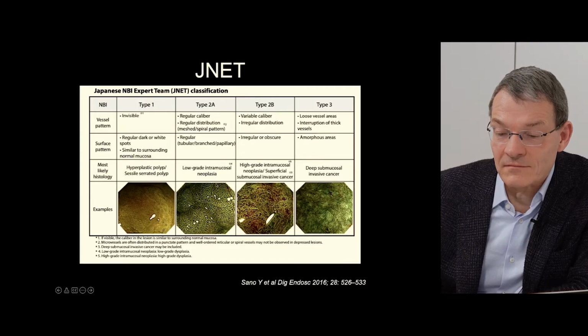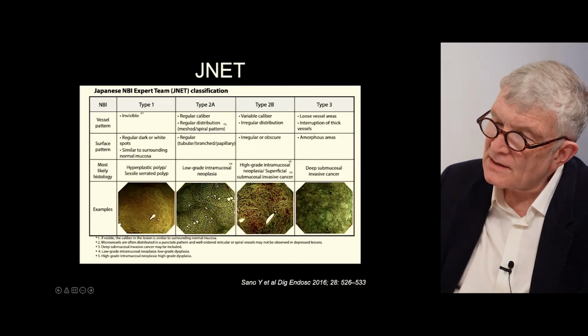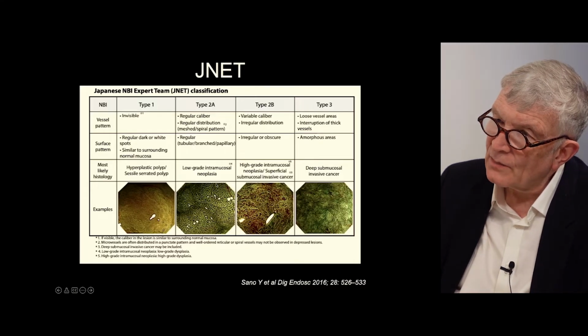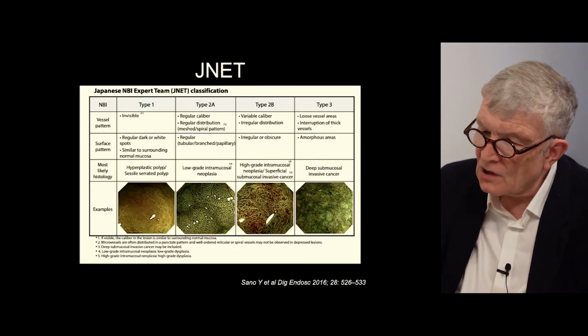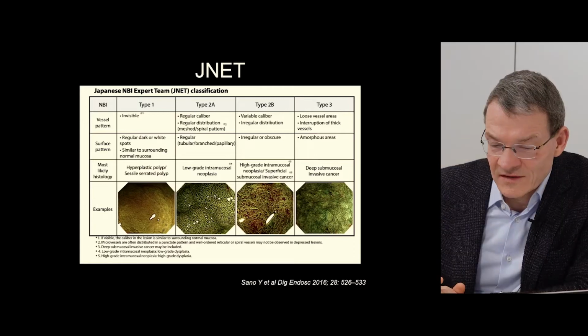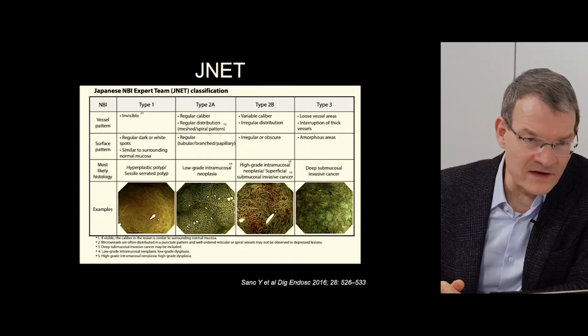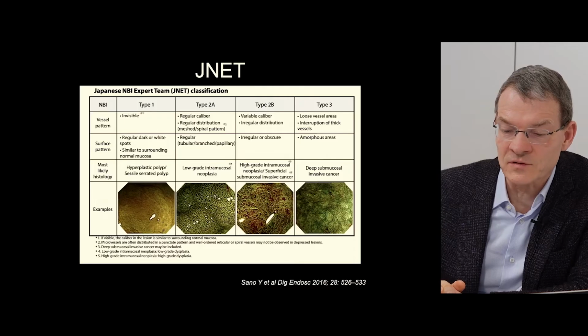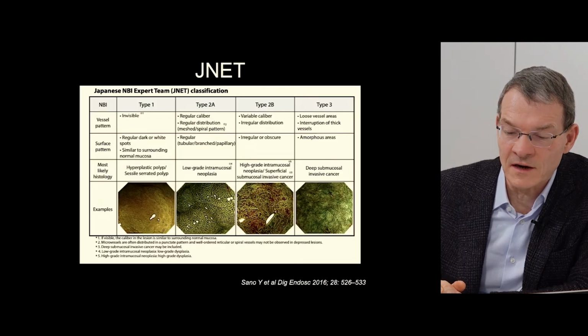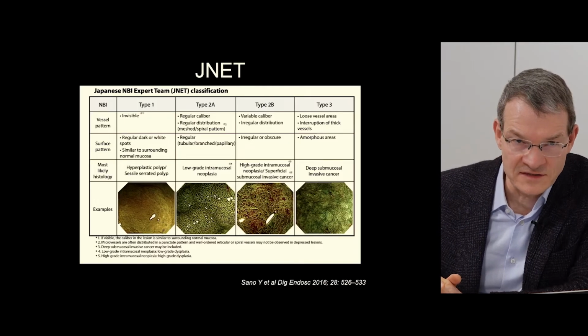So what's your recommendation? Assess the vessels separately and do not be influenced by which class this is. I think the most important is to focus first on the vessels by using NBI, and it's also important you should not use vinegar before you have assessed the vessels.